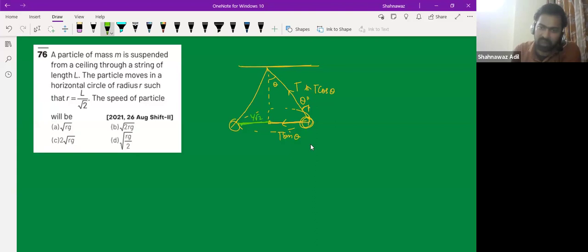Okay. Now, can you guys tell me? So we have this mg, right? So the vertical part is balanced by this tension. So T cos theta is mg, right? And in the horizontal part, what do we have?